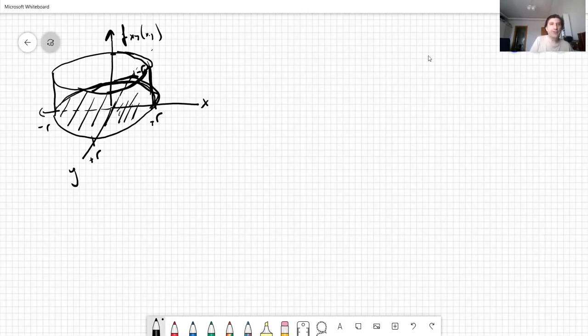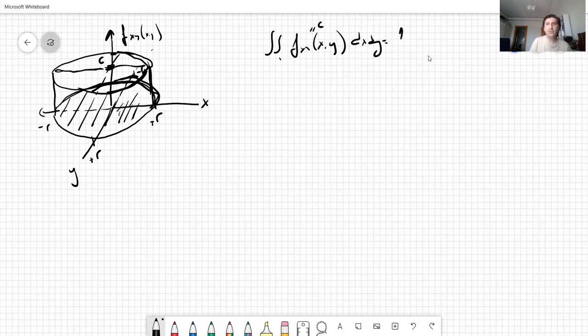If we call the height of the cylinder C, then the volume of this cylinder is going to be the integral of f_XY(x, y) dx dy, a constant, over the domain of x and y, and this is going to be equal to 1.